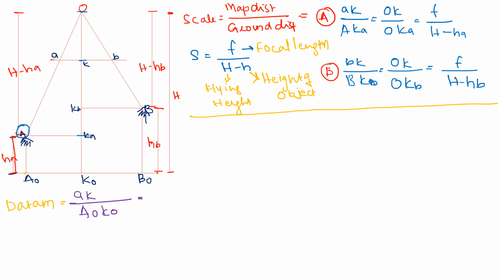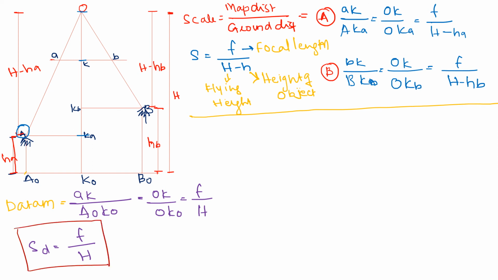So again I'll take a similar triangle, OK divided by OK naught. OK is nothing but F, and OK naught will become H. So the datum scale, I'll write down as S datum, can be found out by F divided by H. This formula we can use to find out the datum scale.